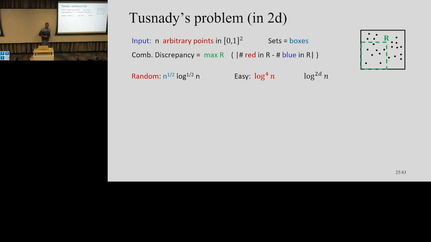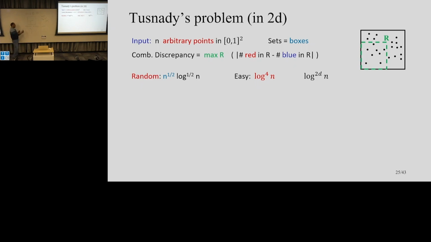So in the previous slide we had this parameter t. The points at the bottom left are in almost all the rectangles, right? So we have these n points, and we should think of each rectangle as corresponding to a row.